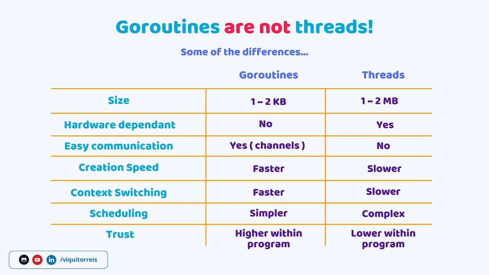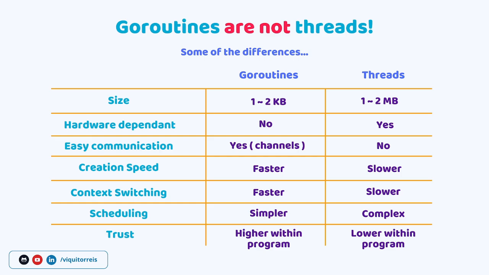Most of the time you have to use a lot of locks, mutexes, semaphores, or condition variables. You also will be managing shared memory, and synchronization can be really complex. The message passing on OS threads may include using IPC. Yes, you can use that, which is inter-process communication, and oftentimes it will involve the kernel.